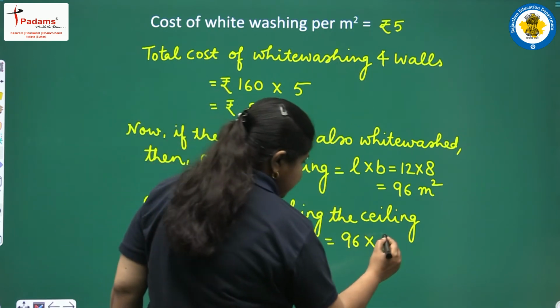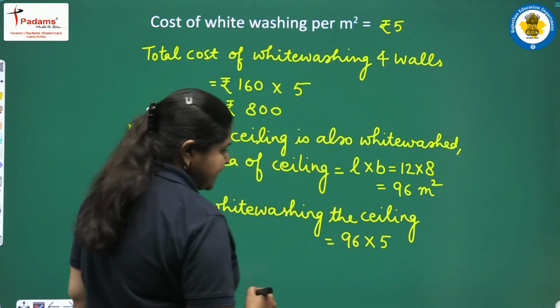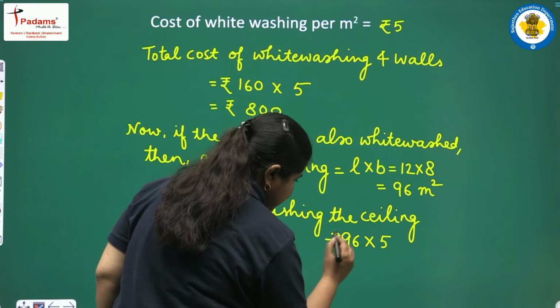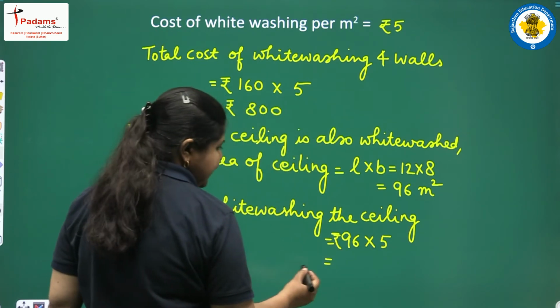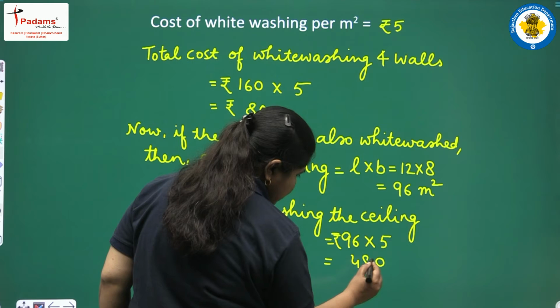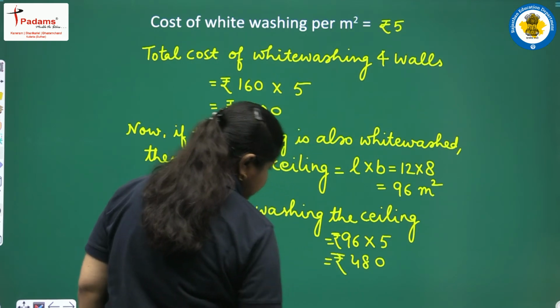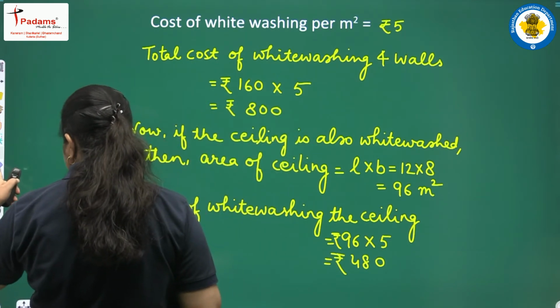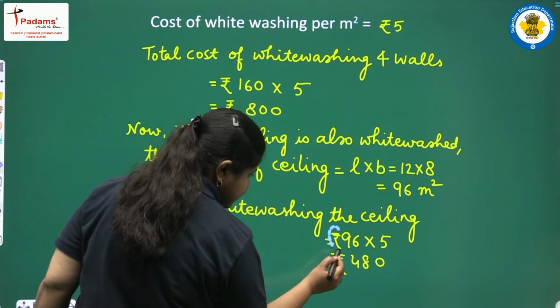It is ₹5. So it will be 96 into 5 in rupees. Multiply these two numbers, you will get it as 5 6 is 30, 3 carried 48. So rupees 480 will be the cost of whitewashing the ceiling.